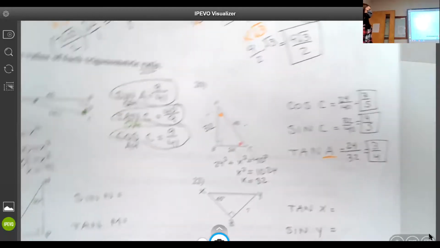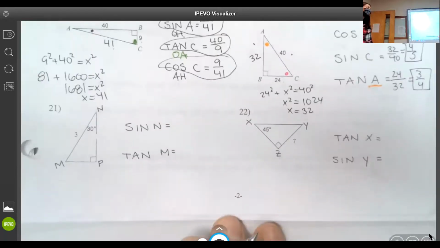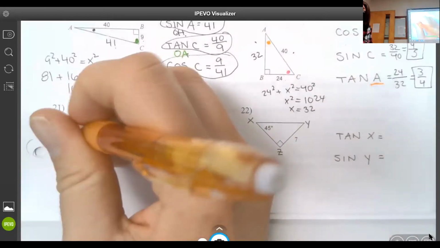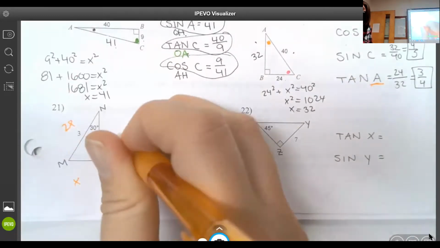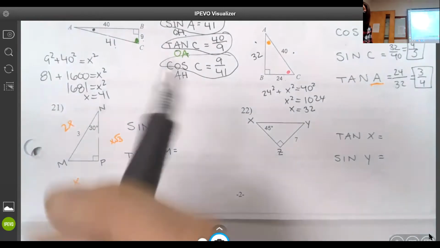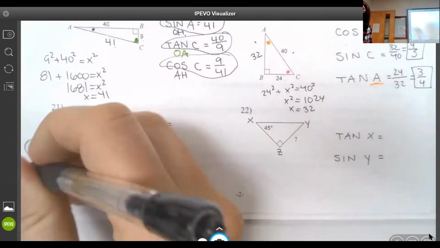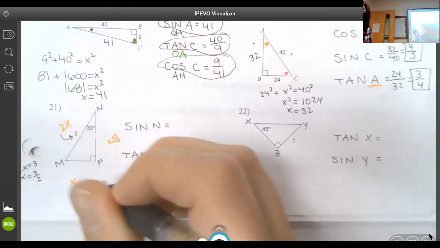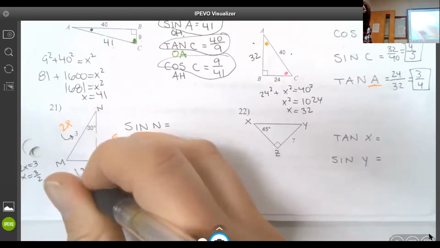For 21 and 22, we still need to find the missing sides before starting, but I no longer would use the Pythagorean theorem. I have to use special rights. X, x rad 3. So I would say, well, 2x is 3. So x is 3/2. This one's going to be tricky.